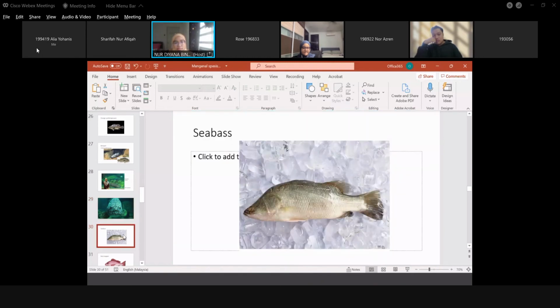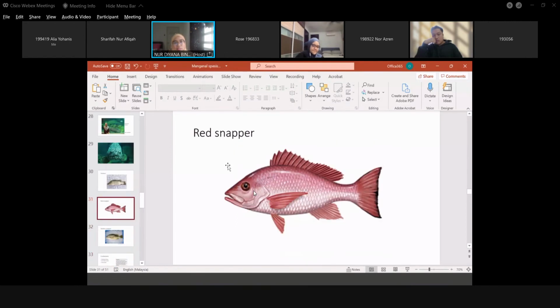So this is a sea bass. I've showed you in the FishBase website just now. Particularly in Malaysia, we eat or we culture Asian sea bass. Okay. Red snapper, I'm very weak at identifying this. So when I go to the fish market, I sometimes am not so sure, is it really a red snapper or not?